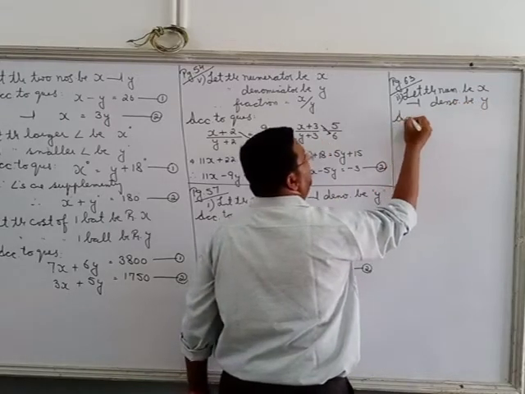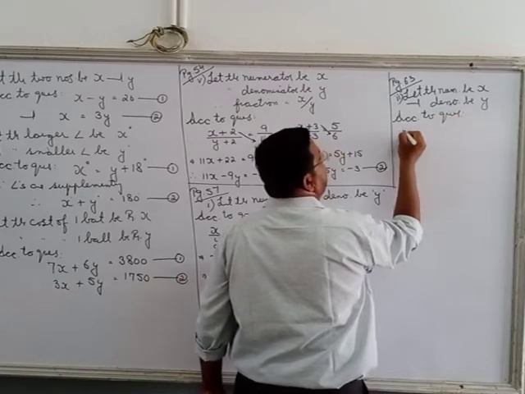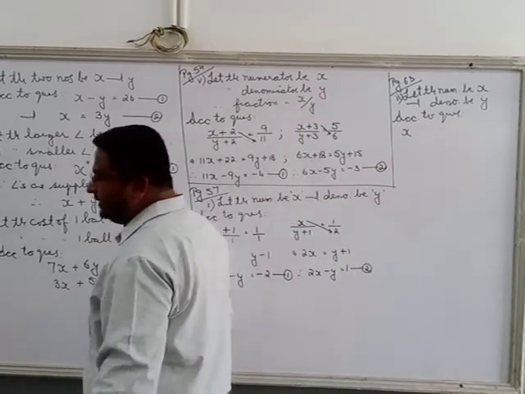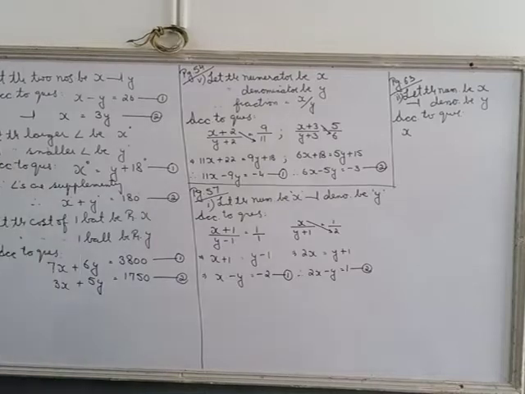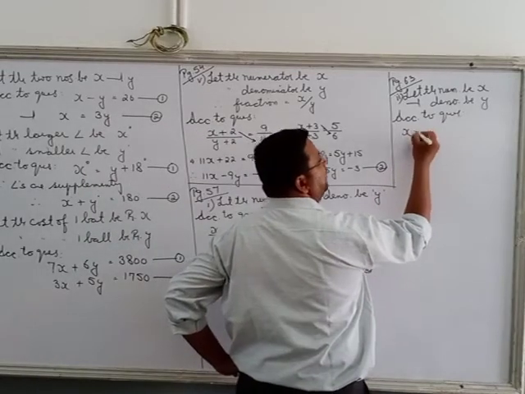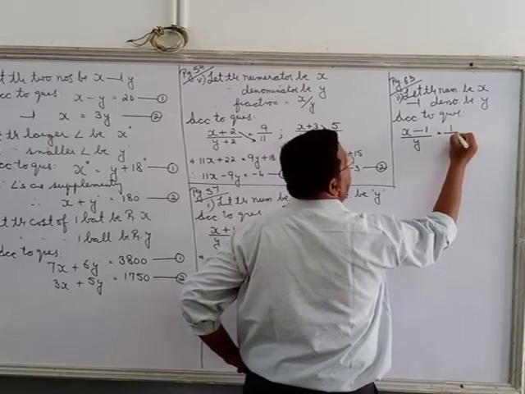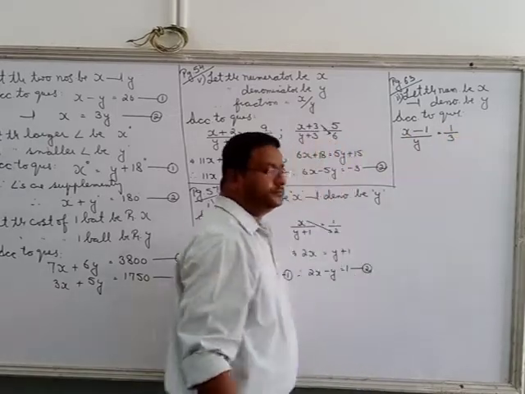According to the question, read it carefully: from the numerator we are subtracting 1, the denominator remains the same, and the fraction becomes 1 by 3.